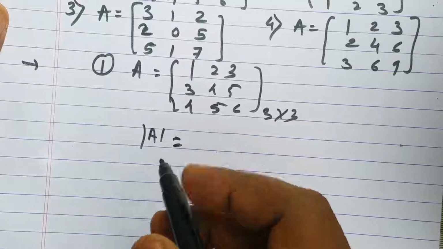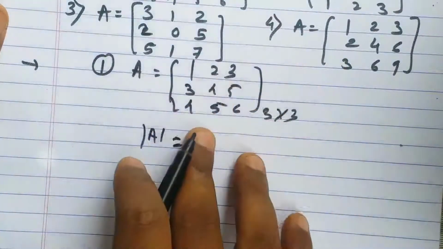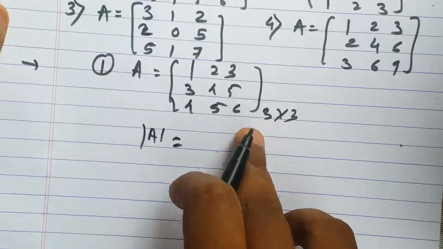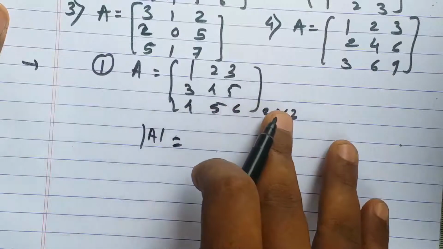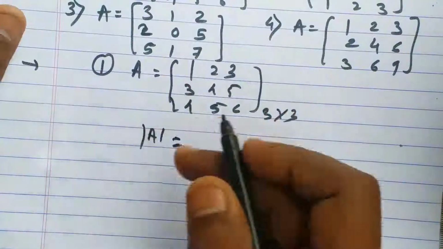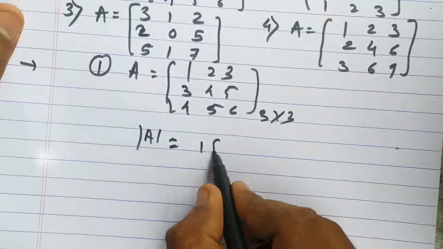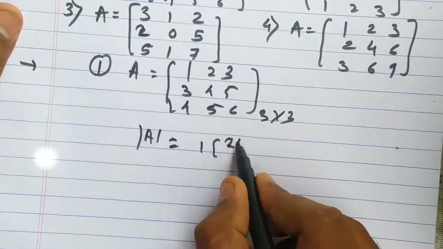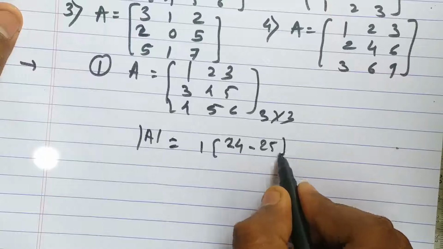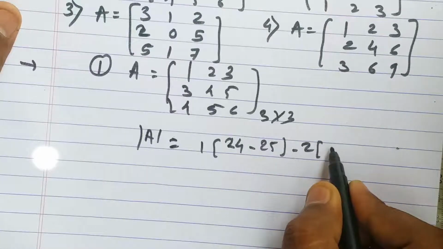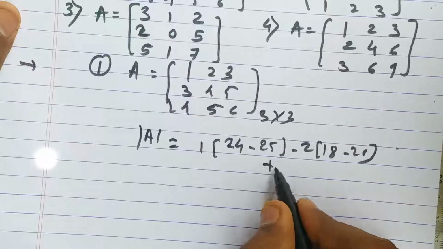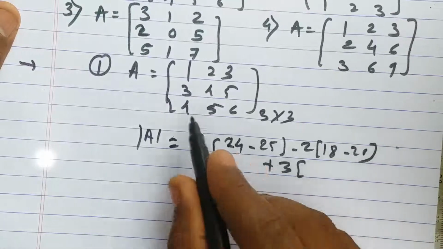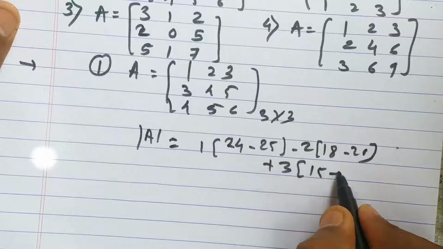Calculate its determinant. If it comes non-zero, then directly we can say that the rank is 3, because the highest order of minor is 3 and it is non-vanishing, that is non-zero. So if you calculate the determinant, it will be 1 into (4 times 6 is 24 minus 25) minus 2 into (3 times 6 is 18 minus 20) plus 3 into (3 times 5 is 15 minus 16).